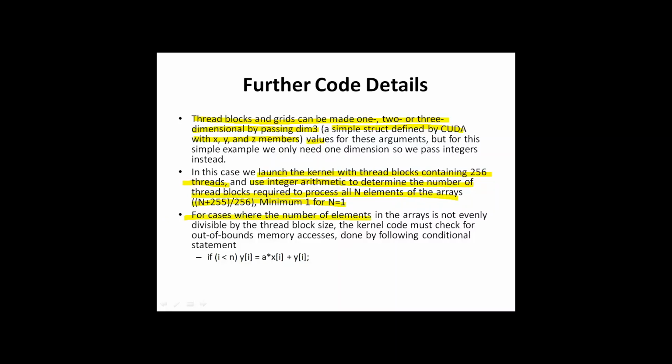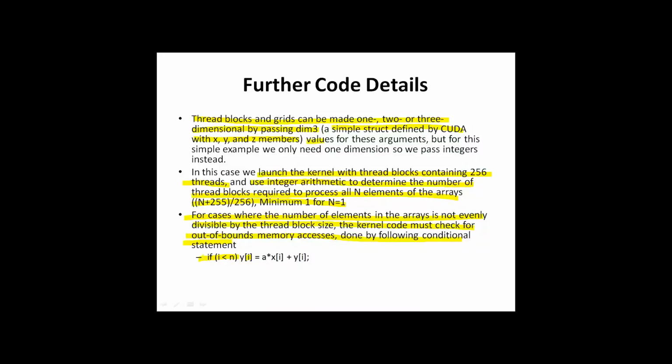Now, for the cases where the number of elements in the array is not evenly divisible by the thread block size, the kernel code must check for out of bound memory access. This is done by this statement: we have to check that the thread index i is not accessing an element which is out of bounds of the array.